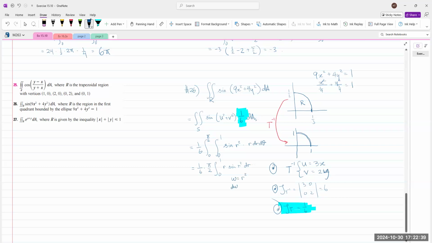So dw equals 2r dr. So this is pi over 12 integral from 0 to 1 of sine w, where r dr is dw over 2. Negative cosine w from 0 to 1. So this will be pi over 24 times 1 minus cosine 1.